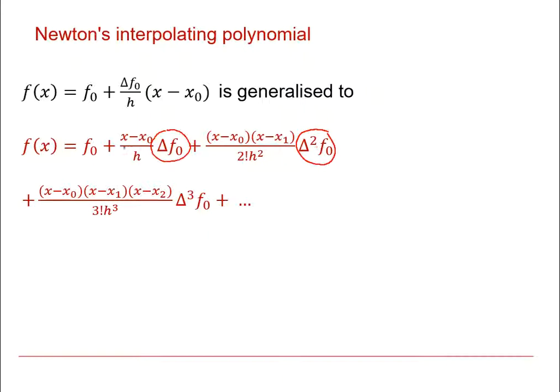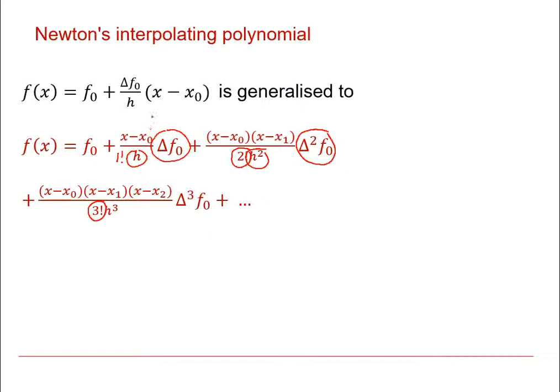And then instead of the h on the bottom, we've got h squared, and in fact we could have written that as 1 factorial, and we've got 2 factorial there, and then 3 factorial there, and so on.